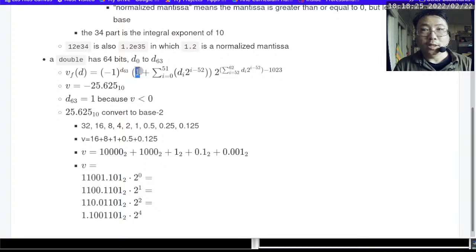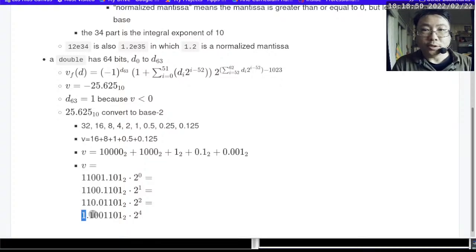This one is this one over here, and it's always going to be there, okay? I know somebody's already complaining, but how do we represent 0? We'll talk about that later. But then we have to look at this portion here, this sigma notation, and that's going to be 52 bits that we have to specify. What are we going to do with those 52 bits?